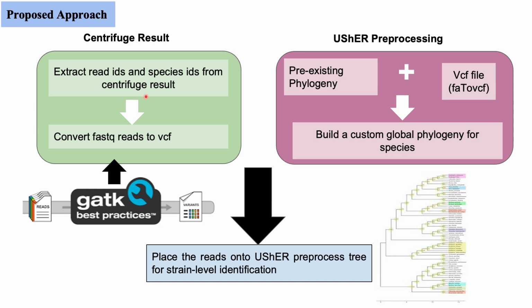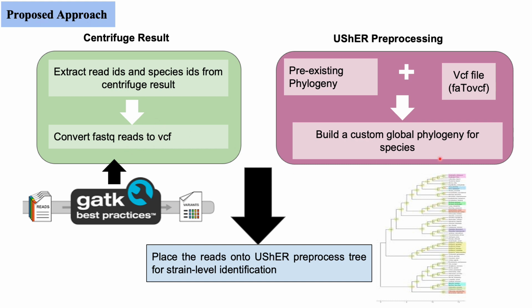To identify the strain-level taxonomy, we used Centrifuge in tandem with Usher. From Centrifuge results, read IDs and taxonomy IDs were extracted. The taxonomy IDs were used to build a species-specific phylogenetic tree for Usher. Usher requires input in the form of a VCF file, so we used the GATK pipeline to get the VCF file from the FASTQ reads.